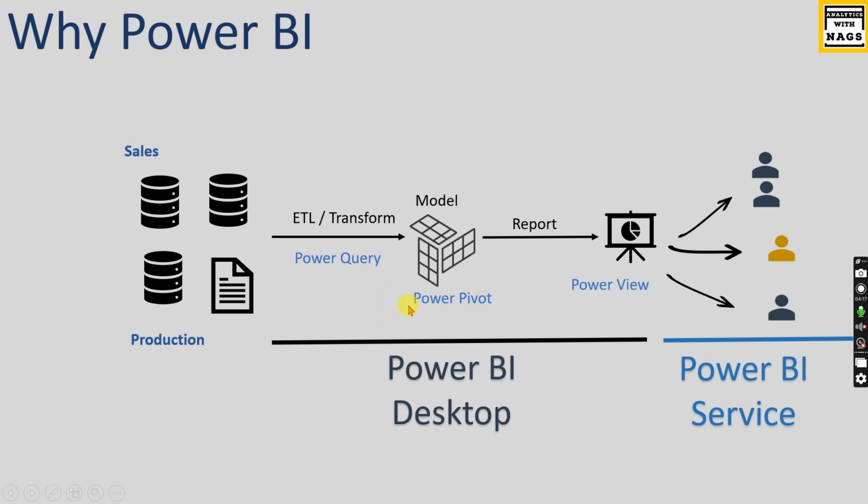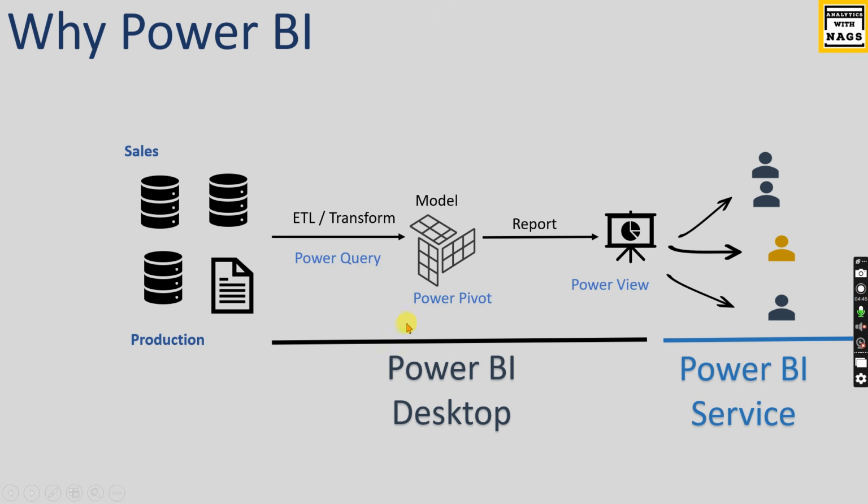Let's focus on here. So Power Pivot is kind of modeling. As I said before in the modeling session, it is to create your calculated columns, measures, and then your relationships, data types, everything together. Before Power BI Desktop, these 3 tools, Power Query, Power Pivot, and Power View, were acting as standalone products.